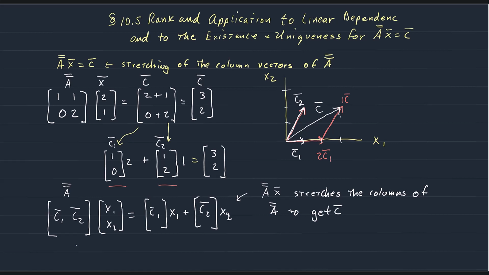So the key concept here is that the columns of A define the column space. And we can denote that column space as the span of C1 and C2.